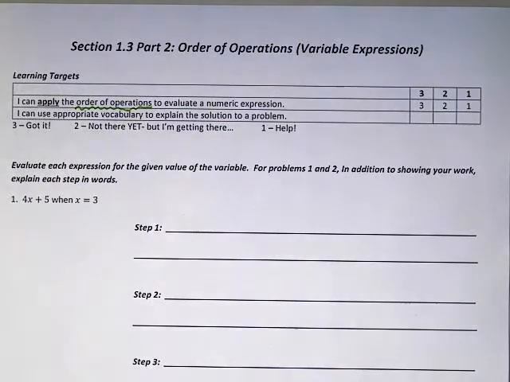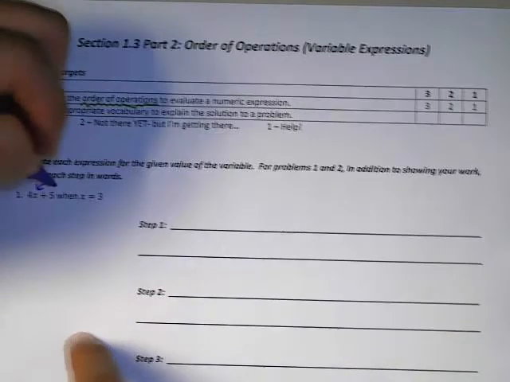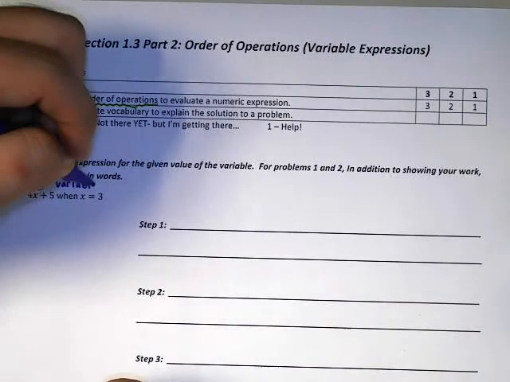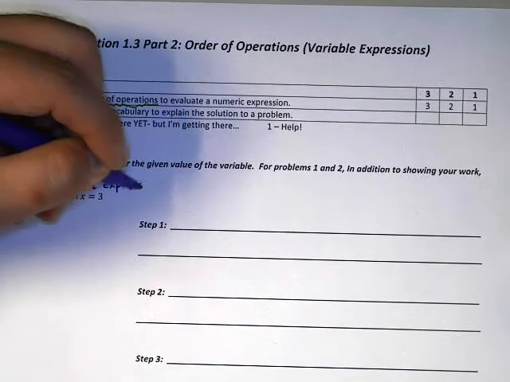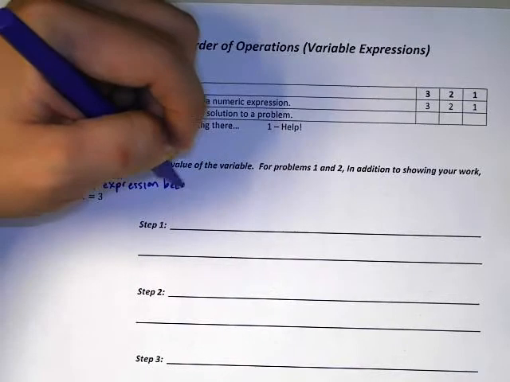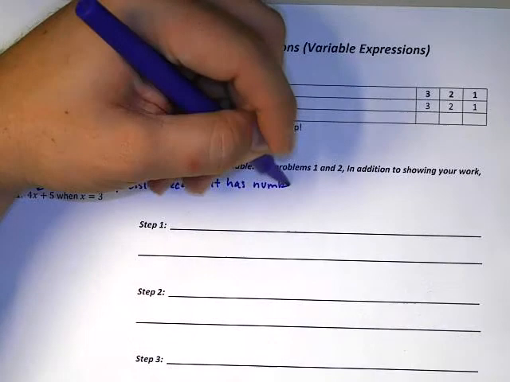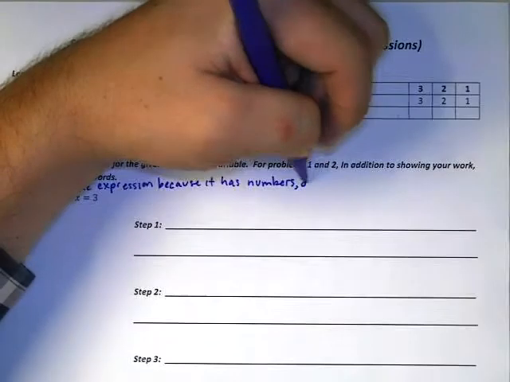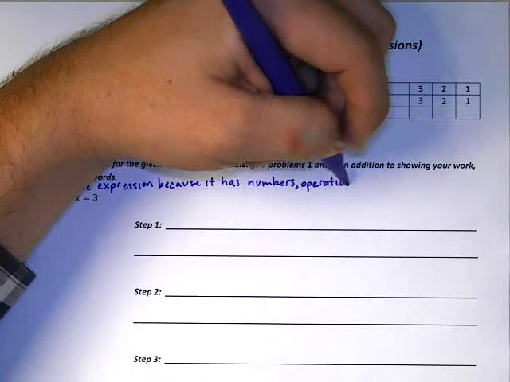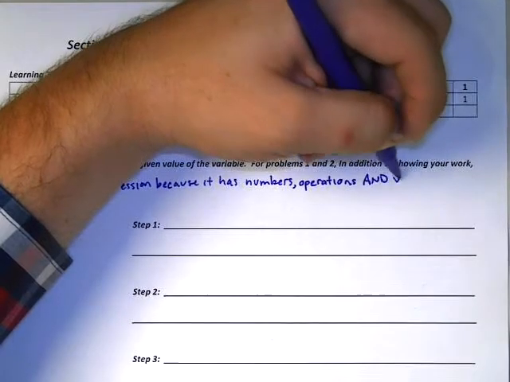If we go back to our vocabulary, hopefully we remember that when we look at something like this, 4x plus 5, well, do we call that numeric or do we call that variable? We call that a variable expression. All right? This is a variable expression because it has numbers, operations, and then the big part, variables.